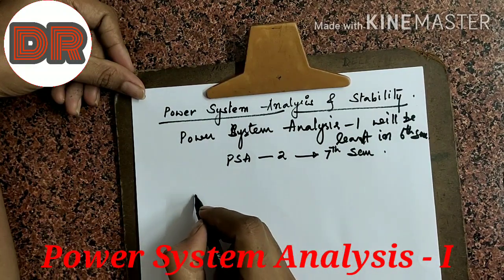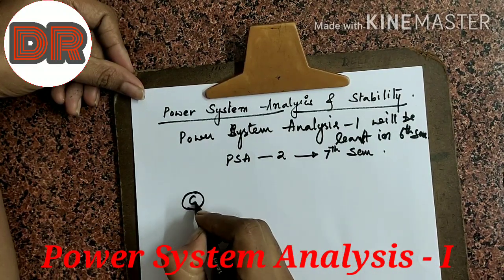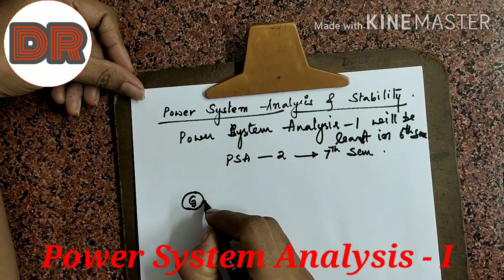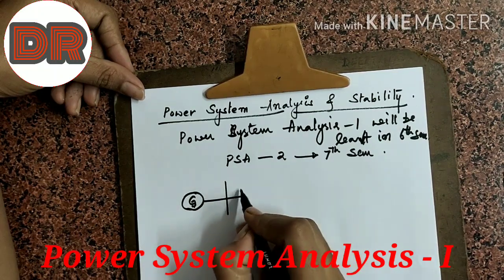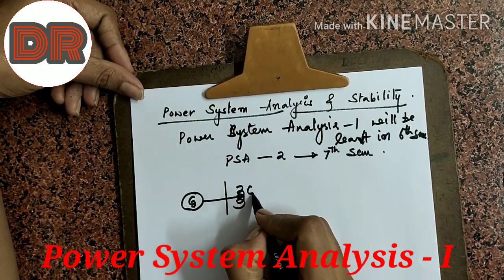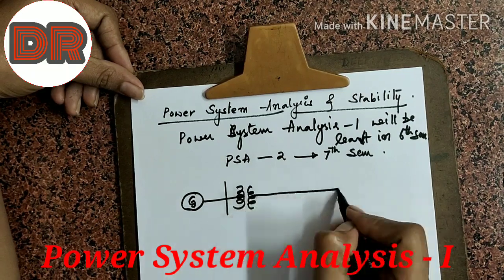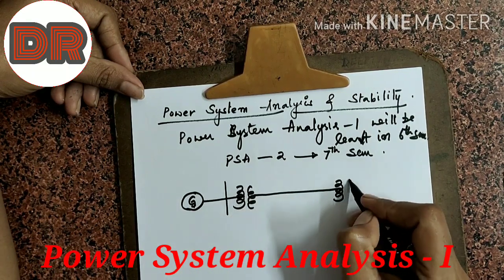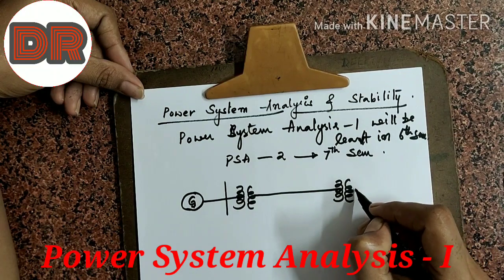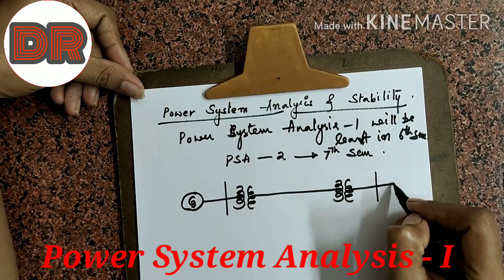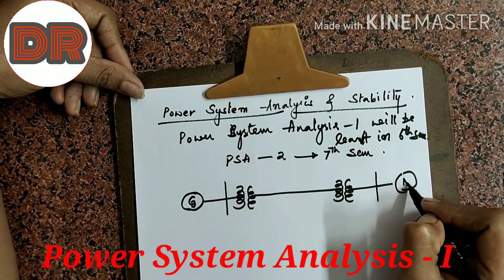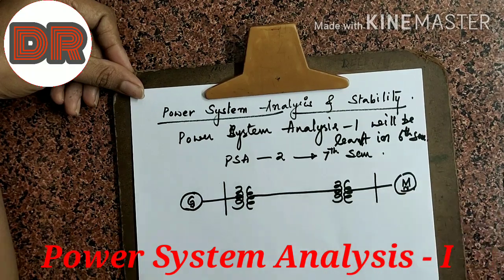So let me write a generator, and this is a bus bar and a transformer. One more generator, bus bar and load.